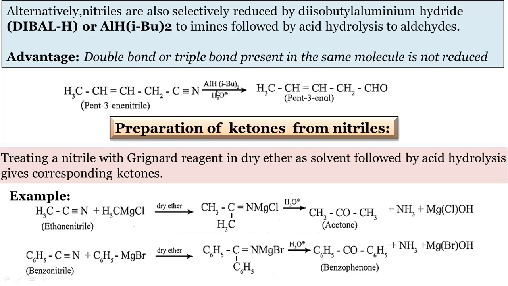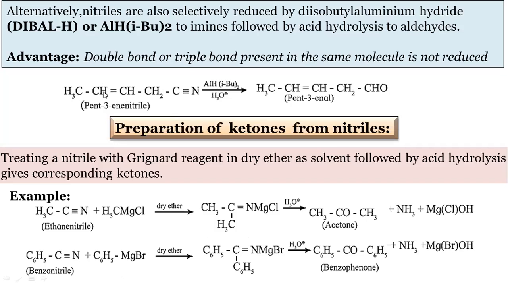For JEE purposes, NEET purposes, and board exams also, an MCQ may be asked, which specific reagent is used for selective reduction, and they may give four different options. So remember, this DIBAL-H is used for the selective reduction process, which reduces only the cyanides. Double bond and triple bond remain as they are, and we get the aldehydes here.